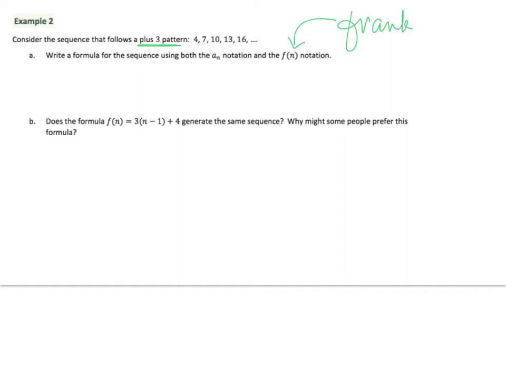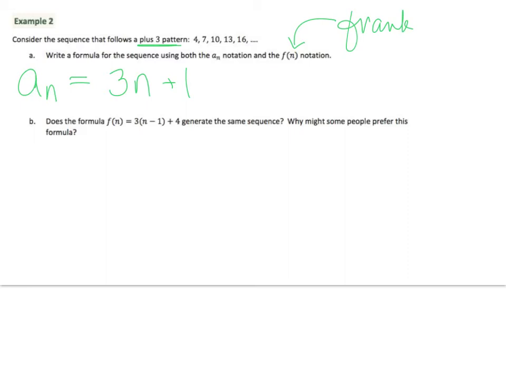So if we're doing a plus 3 pattern, we want n equals 1 to be where we start out. To get to 4, it's a plus 3 pattern, so I'm going to start out with a 3, multiplying that by n. So if n is 1, that's 3, so to get to 4 I have to add 1.